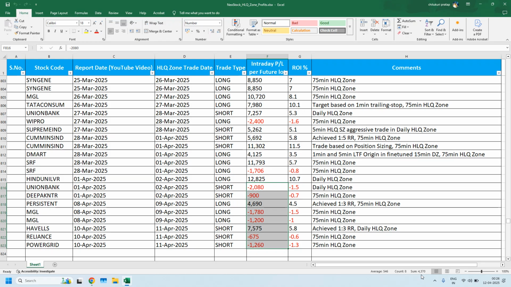Of course, the majority of trades will reach the 15 minutes target, and stocks will be giving you good profit. It might give you 5% ROA. From an intraday trader's point of view, 2% ROA is very good ROA. But our HLQ zones may give you 5% ROA.